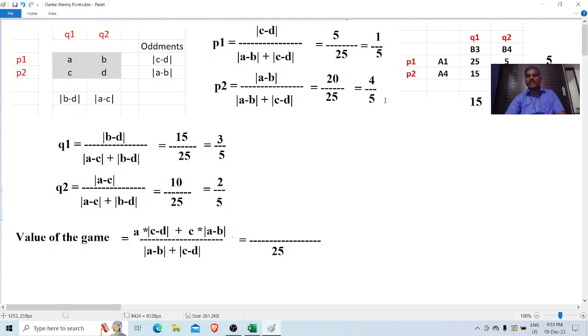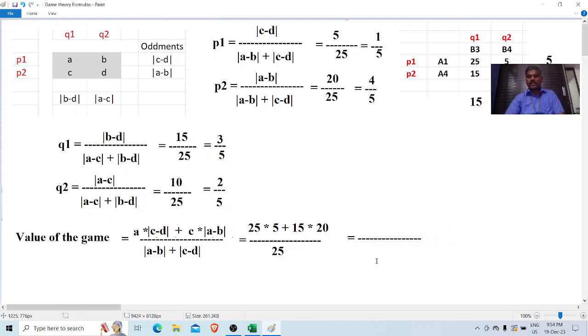The value of A is 25 multiplied by modulus of C minus D. Modulus of C minus D is 5, plus C. C is 15, multiplied by A minus B, which is 20.